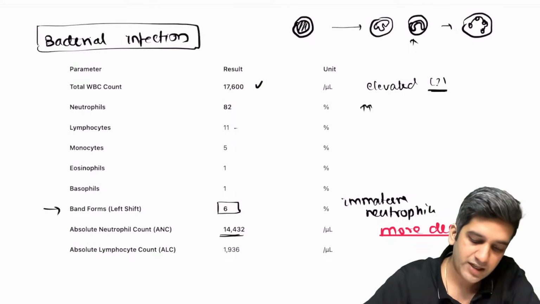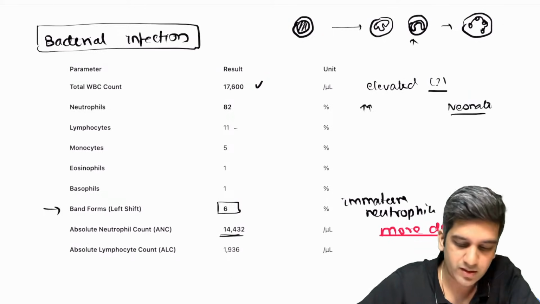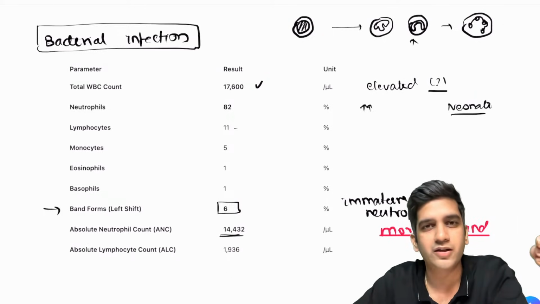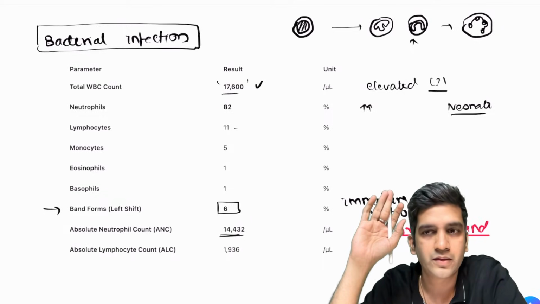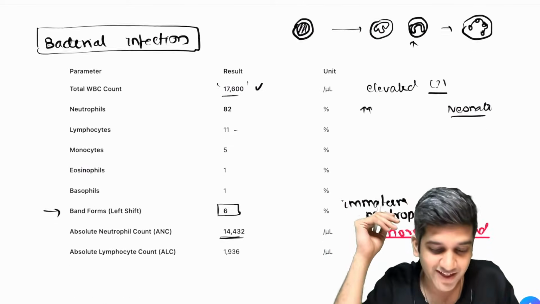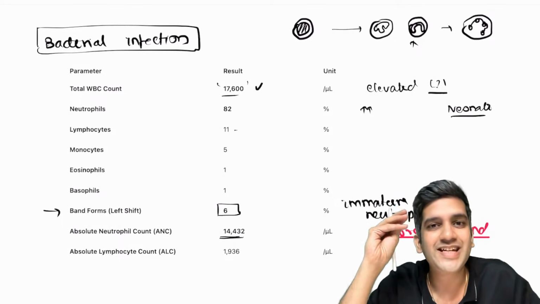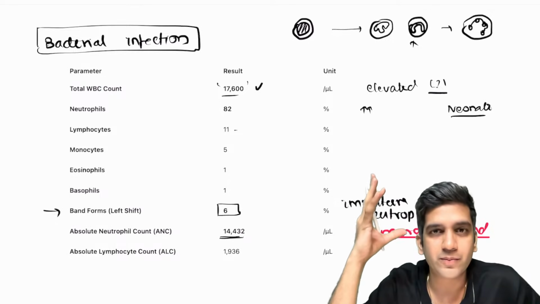So now, if it's a neonate, if it's a newborn, 1 year, right? I won't call this a very high thing. 22 approximately, right? I forgot the age. 25, you're right, MBBS, right? So 25 is the approximate age. So if it's a neonate or a child, 17,000 is not very high for me.